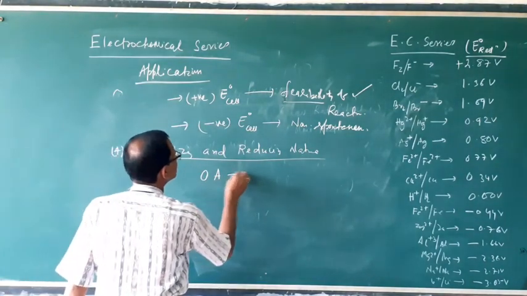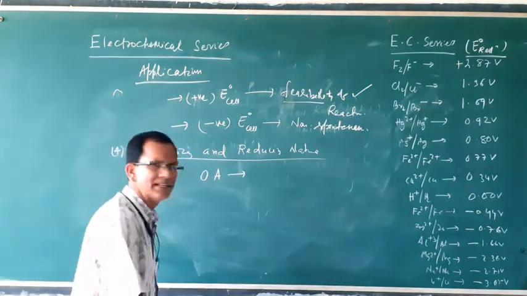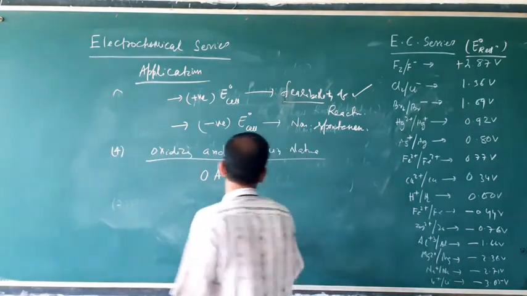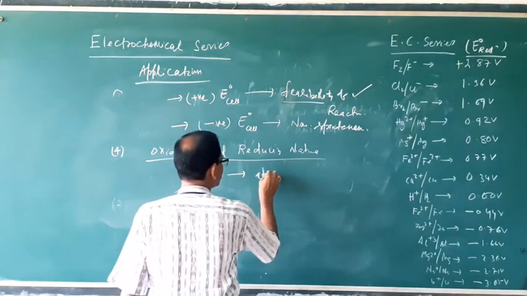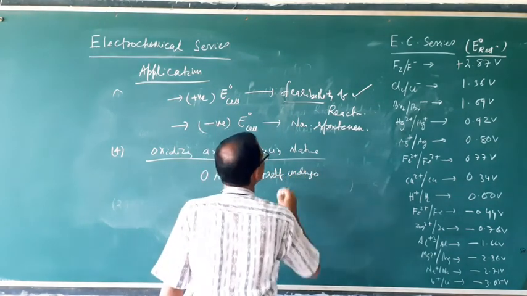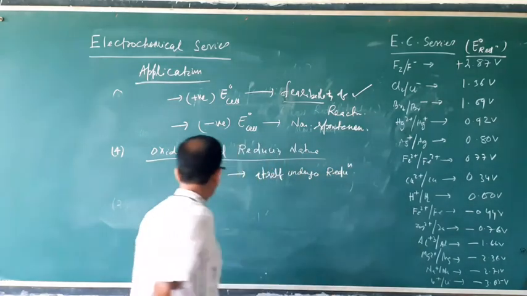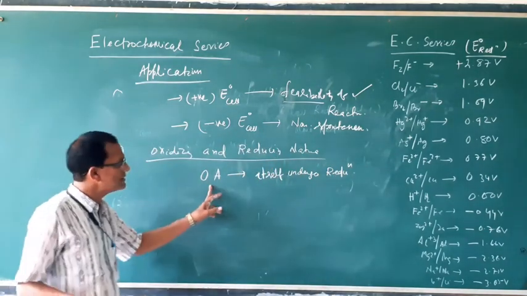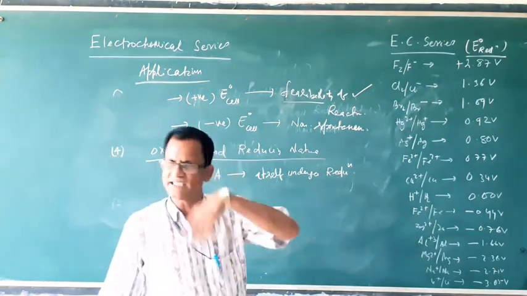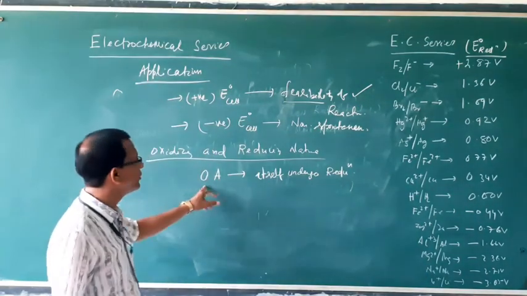An oxidizing agent is one which oxidizes others, and itself undergoes reduction. This is very important. Oxidizing agent means itself is reduced. It oxidizes others, but itself is gaining electrons. That is called an oxidizing agent.